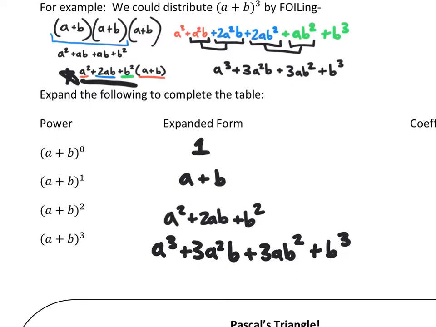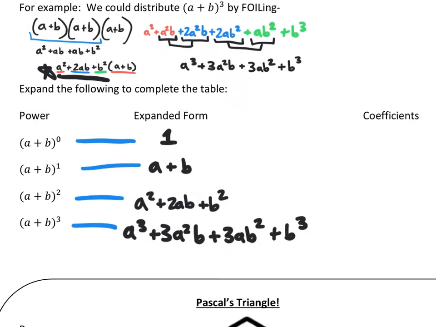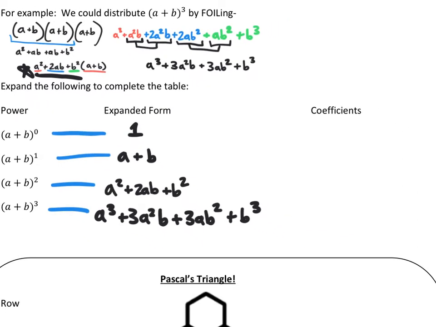And believe it or not, there is going to be a pattern associated with these different pieces. To find that, we're going to talk about the coefficients. The coefficients are the numbers out in front of the variables. So that first one's just 1. The second row was a plus b, so it was 1a and 1b. The third one was 1a squared, 2ab, 1b squared.